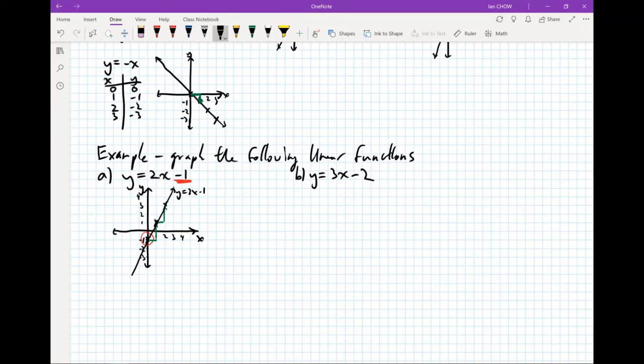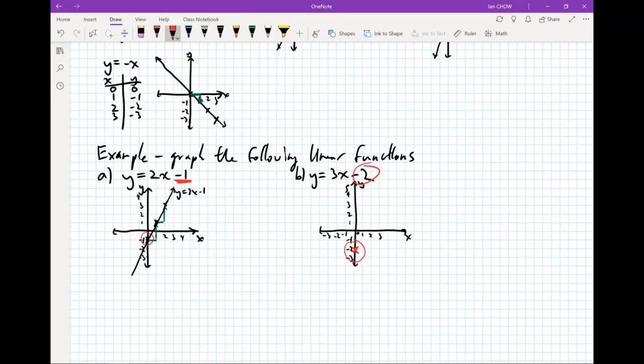Then for B, let me quickly draw my graph. So we have 0 in the middle, 1, 2, 3, and then 1, 2, 3, 4, 5, and -1, -2, -3 on both axes. With our x, y axis like this, we start off with -2, so the line passes through our -2.